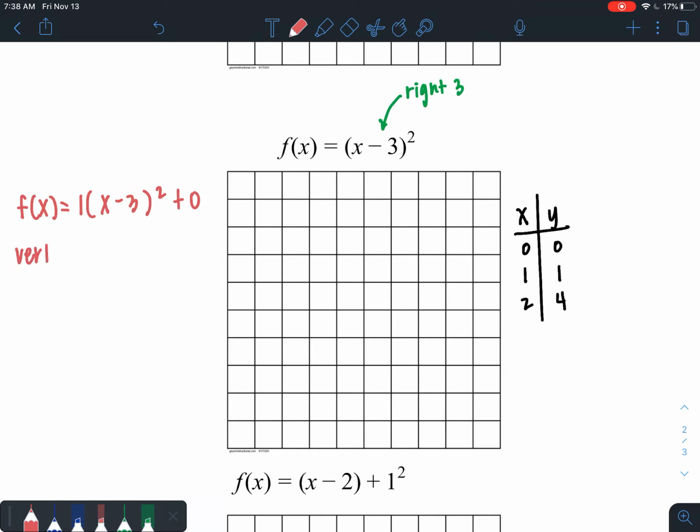So my vertex is going to be positive 3, 0, because of that minus there, this is a positive 3. And then my axis of symmetry is going to be x equals 3.